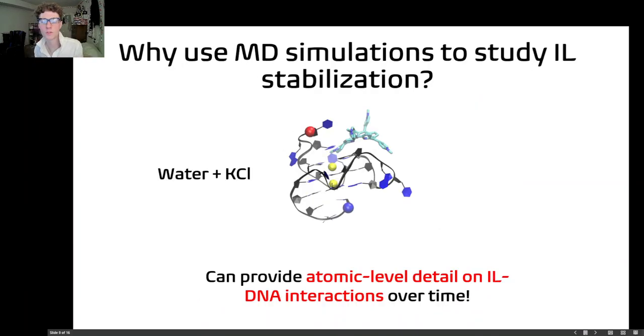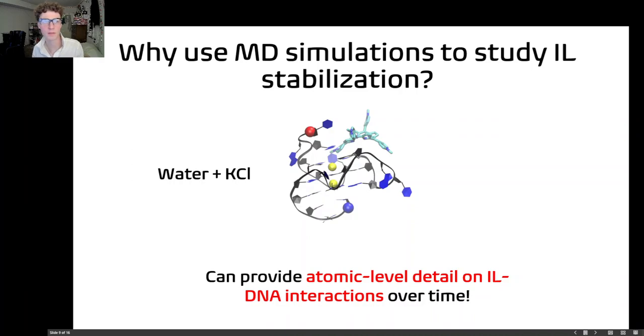Now, why do we want to analyze this using MD simulations? Well, MD simulations give us the ability to probe the detailed interactions between the ionic liquid and the nucleic acid structure at the atomic level. While it can be done with wet lab experimentation, it's very difficult.